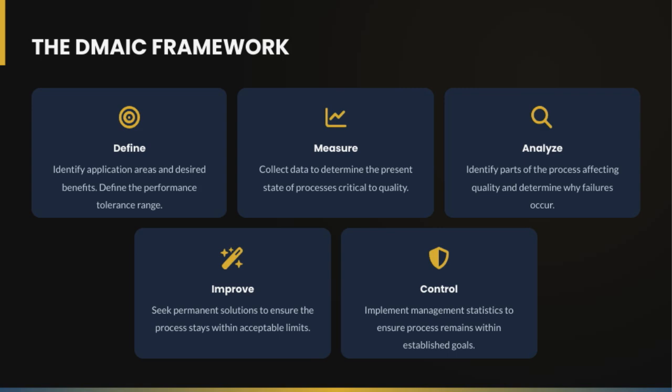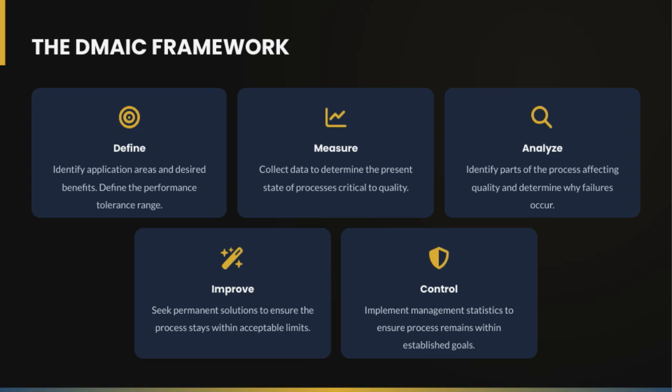Moving on to analyze. Here, we dig into the data to find out what's causing issues or failures. By understanding why parts of the process aren't meeting quality standards, we can pinpoint specific areas that need attention. Then comes improve. Once we've identified the root causes, we work on solutions to fix those problems. The goal is to find effective ways to enhance the process and prevent failures from recurring.